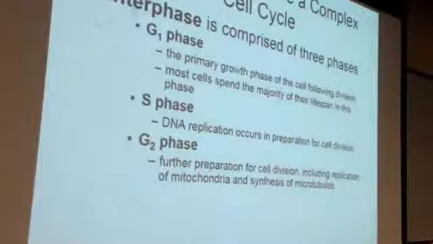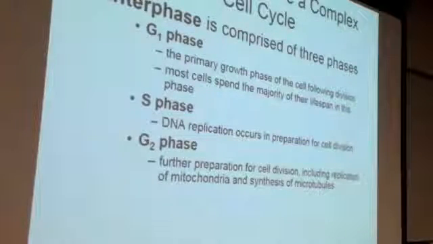Now, interphase is really long compared to mitosis. Probably 90% of the time is spent in interphase. And that's for cells that continue to divide, like your skin cells. They're constantly dividing. Our liver can repair itself.